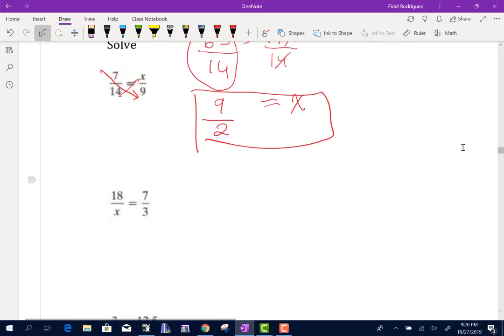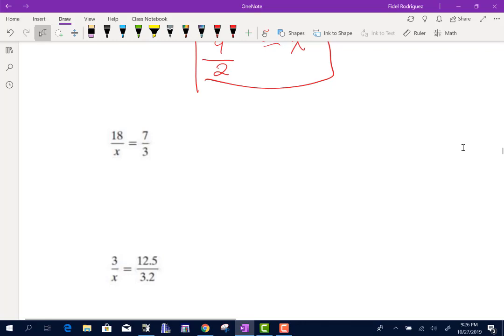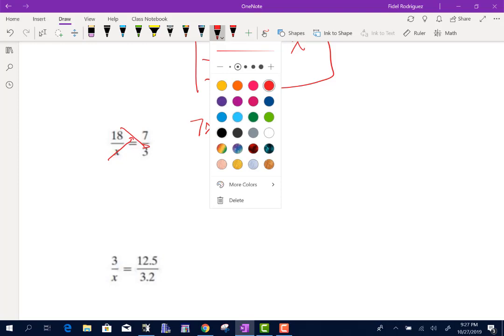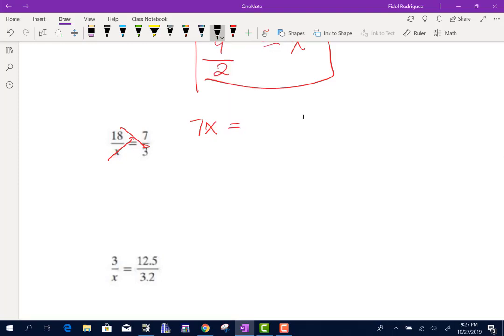So let's take a look at the next problem. I'm going to do the same exact thing. Let's cross multiply. So x times 7 is going to give me 7x. And 18 times 3, let's see, 8 times 3 is 24, carry the 2, 3 times 1 is 3, and 2 more is 5, so that's 54.